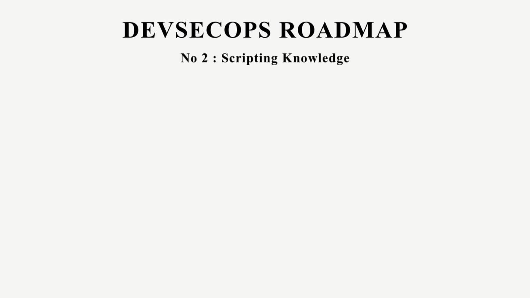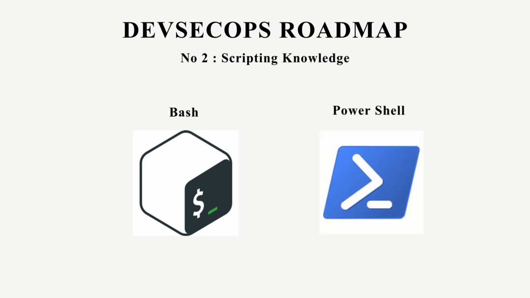Number 2, scripting knowledge. The next skill you need is scripting knowledge. Automation is extremely important in DevSecOps. Two scripting languages that are commonly used are Bash and PowerShell. Bash is widely used in Linux environments. It allows you to automate tasks like security scans, system configurations, log analysis, and deployment pipelines.